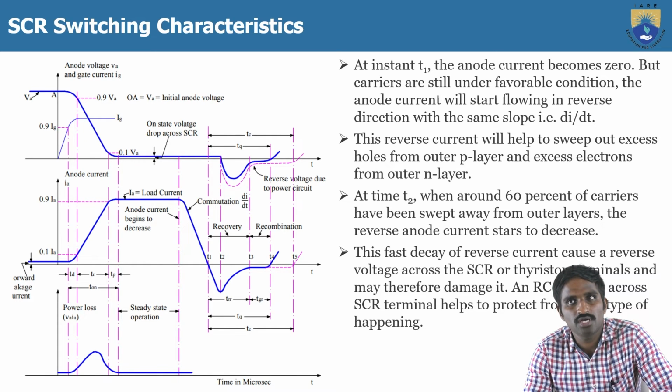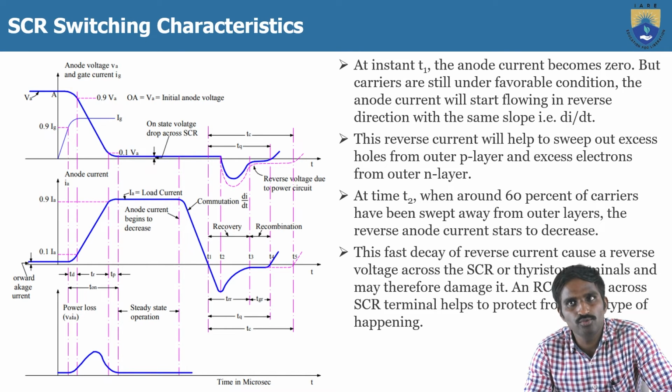The anode current will start to flow in the reverse direction with the same slope, which is di/dt. This reverse current helps sweep out the excess holes from the outer P layer and the excess electrons from the outer N layer.